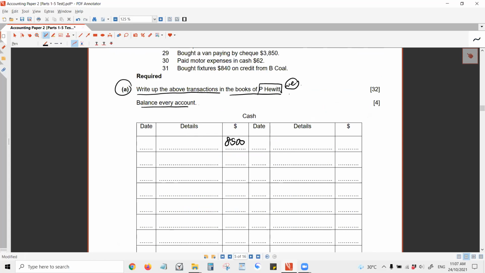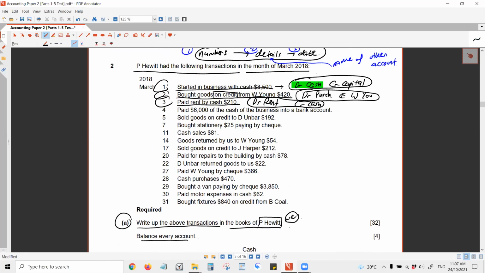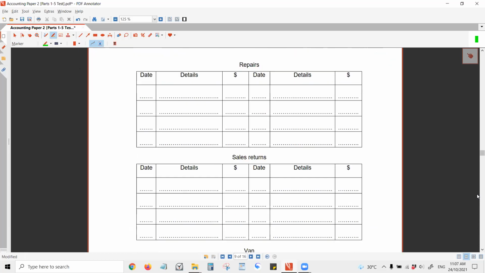Then don't rush into writing the details and date yet. You have to position the numbers correctly for the credit entry as well, right? Okay, now we credit capital. Credit capital means go to capital account, credit side, write the number there first, 8,005.